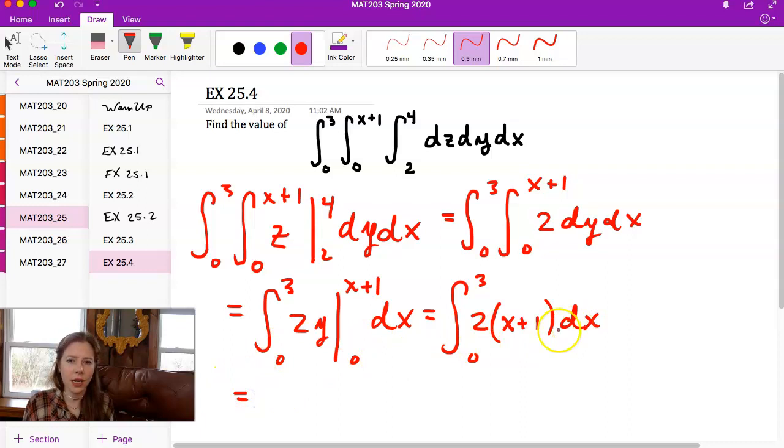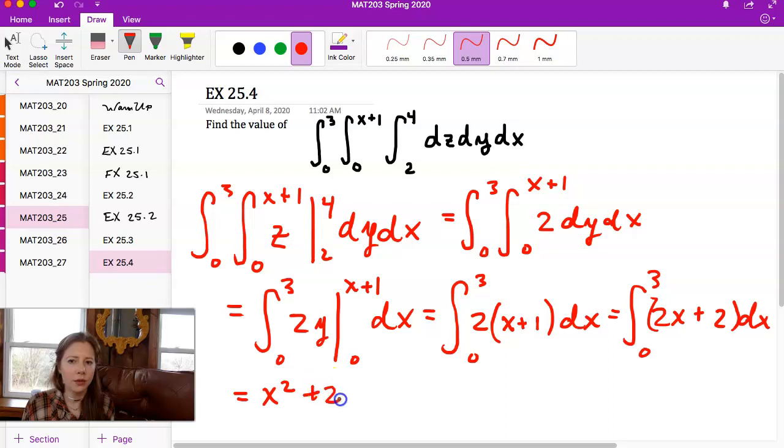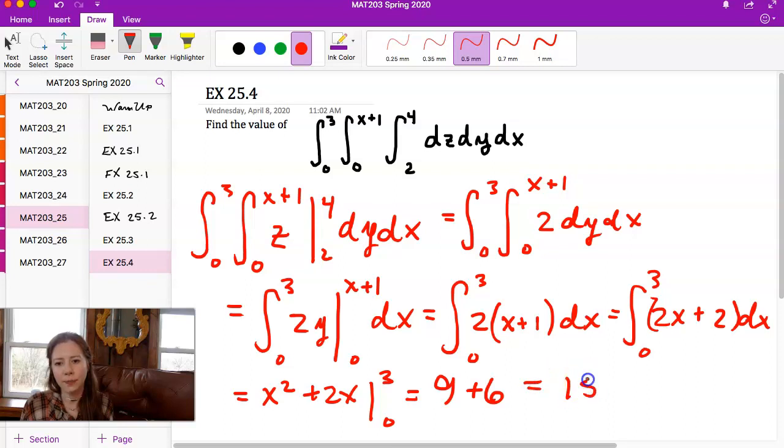So this is just going to be equal to the integral from 0 to 3 of 2x plus 2 dx, which is going to be 2x squared over 2, which is just x squared, plus 2x. And we're going to evaluate it from 0 to 3. And so we're going to end up with 3 squared, which is 9, plus 2 times 3 is 6, minus 0. So that's going to be 15.